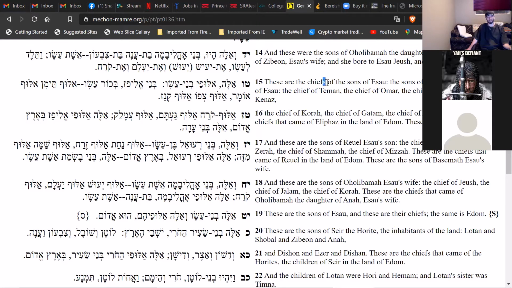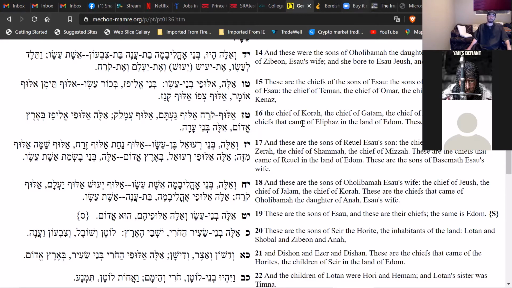So more than one chief. So we've got, these are the alupeh, these are the chiefs of the sons of Ashur. So a chief or a leader is essentially what the first letter ultimately means, somebody that's leading.